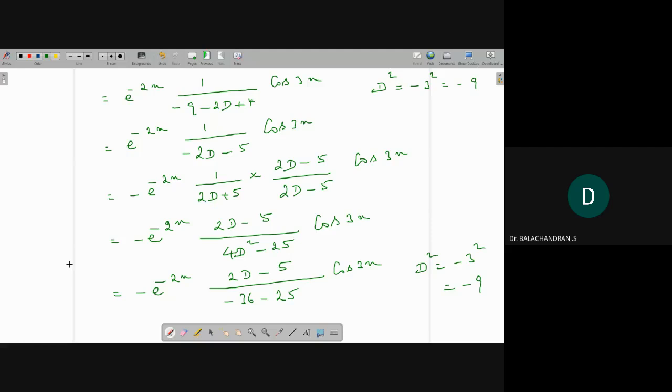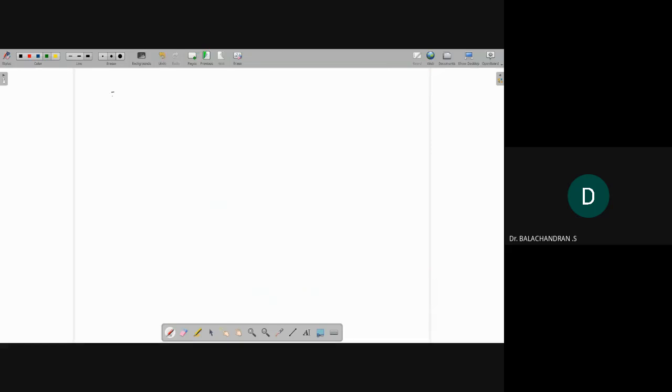Now this is 61. So minus into minus is plus, e power minus 2x divided by 61.